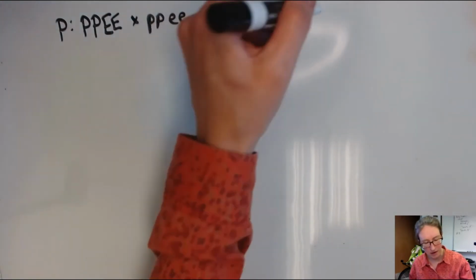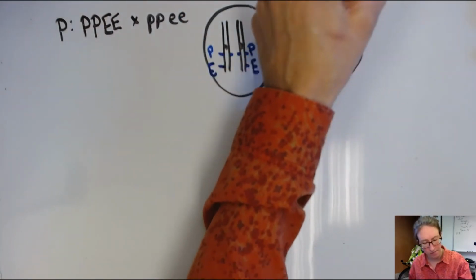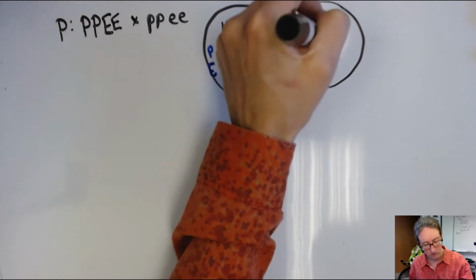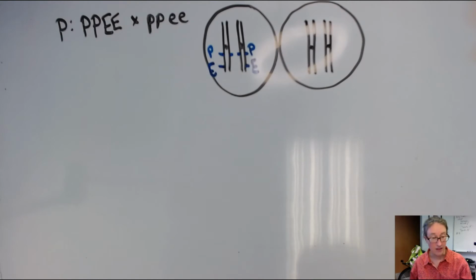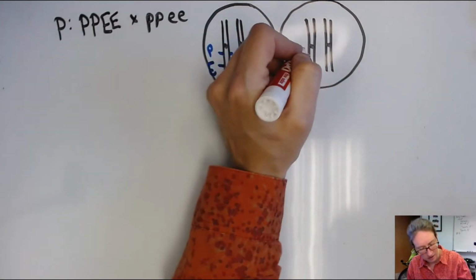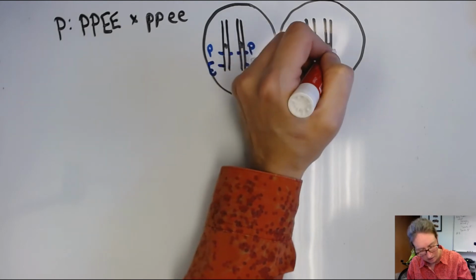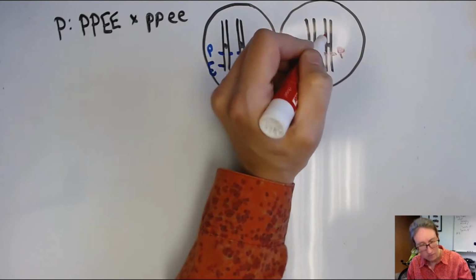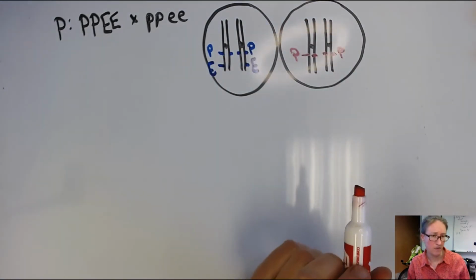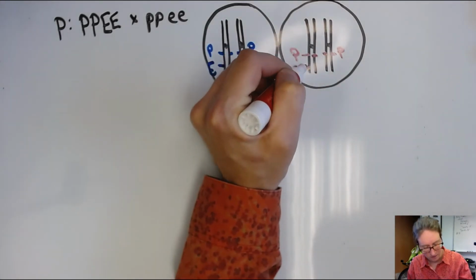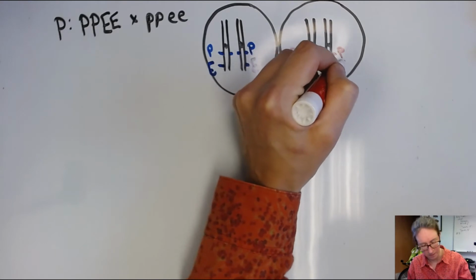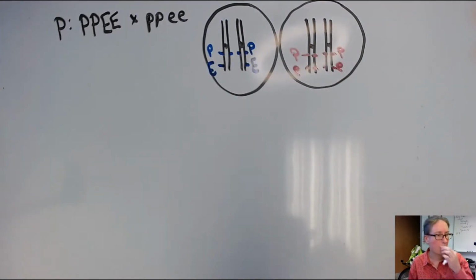Okay, and then for parent number 2, for that same set of chromosomes, at that same location, there is going to be a little p allele, right? And at the start of meiosis, there will actually be 4 copies of that little p allele and a little e allele.